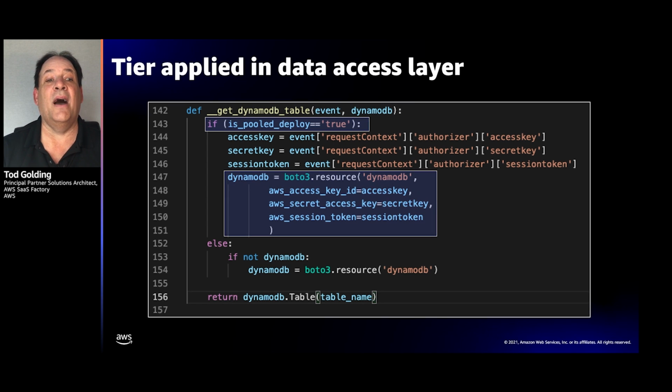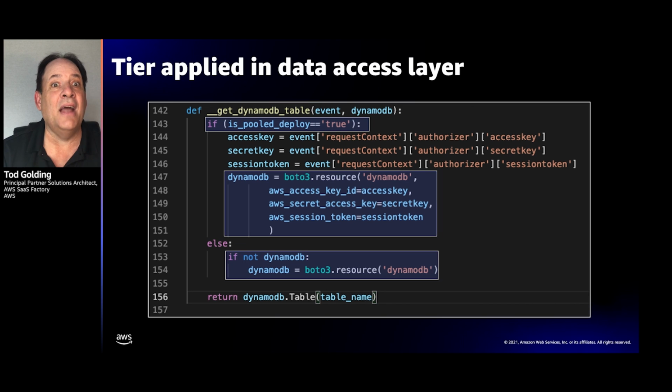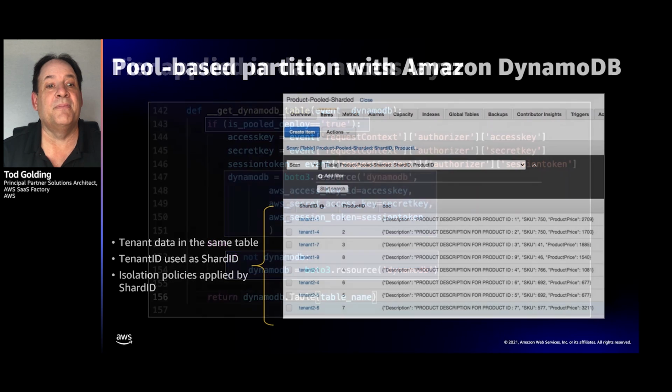So when we create that instance that is going to be used to access DynamoDB, here we'll actually use the credentials that were acquired by the authorizer. However, if we're in a silo model, well, now we can rely on the execution role, and so we don't need to insert these credentials or anything else. The execution role takes care of all that for us. So supporting silo and pool models is another example where the code is somewhat influenced by this experience.